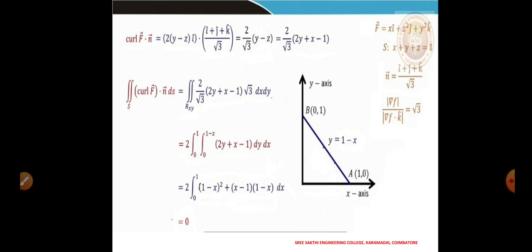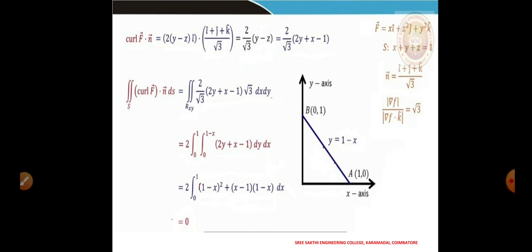Okay, we have all this ready for the surface integral. We need the normal vector, and we have the vector field, so we need to compute curl F dot n. We can compute this curl F. We are not going to compute it in detail here, but it will be 2 times (y minus z) i vector.